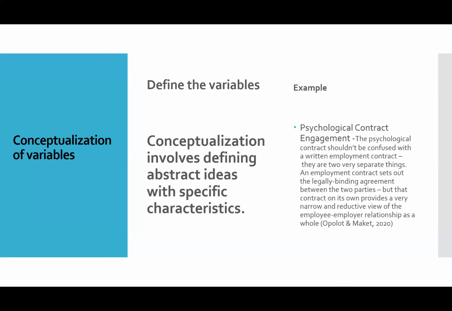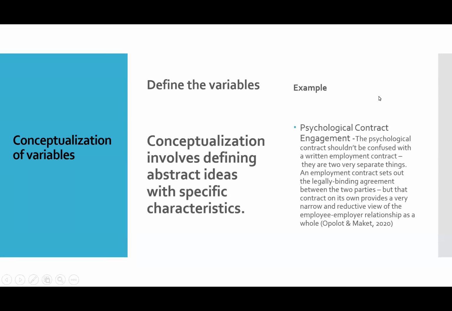So for example, I have an example here. One of my students is currently doing a study on psychological contract engagement. So this is very abstract. A layman may not understand what is psychological contract engagement.